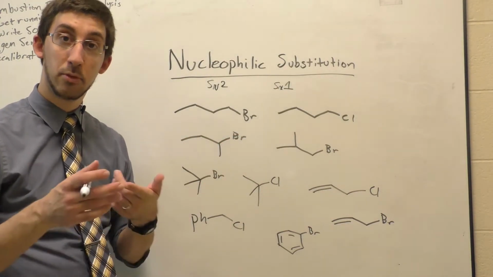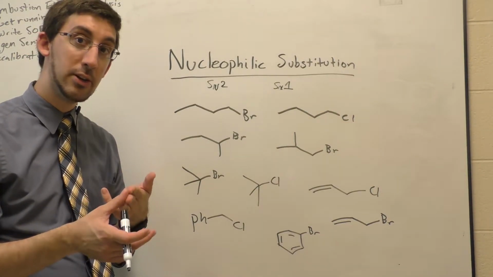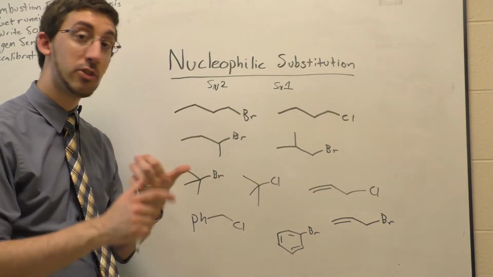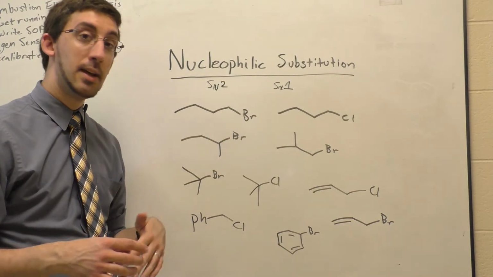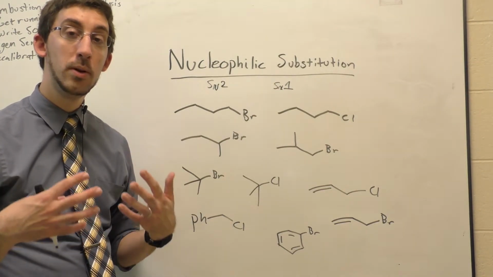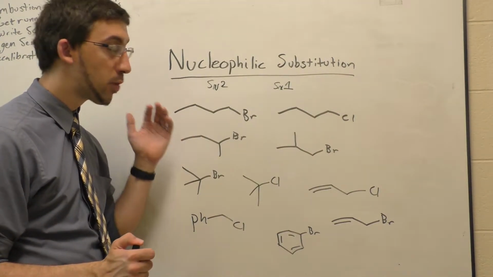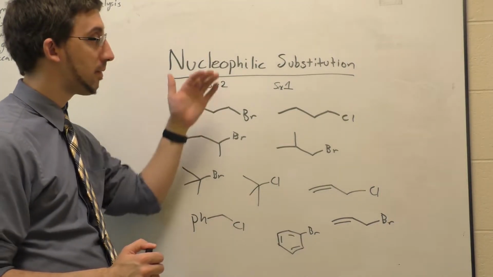Things like substrate structure, identity of the nucleophile, concentration, temperature, as well as solvent. There's solvent effects in addition. For this experiment, we really just want to focus on 2 factors that are going to affect the rate of an SN2 reaction or the rate of an SN1 reaction.